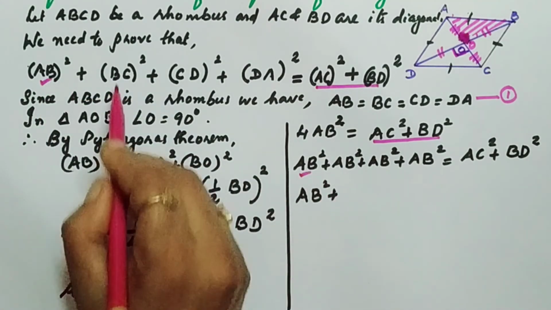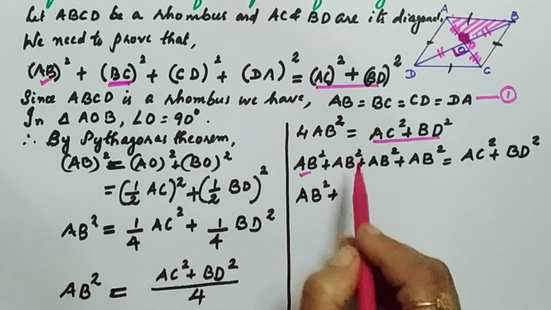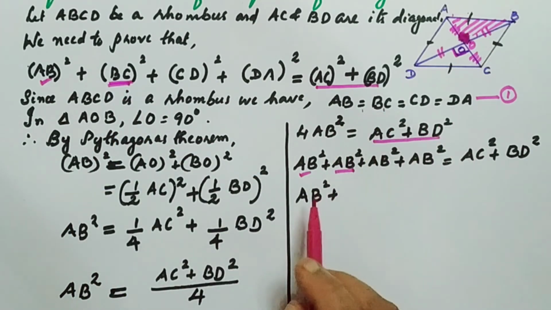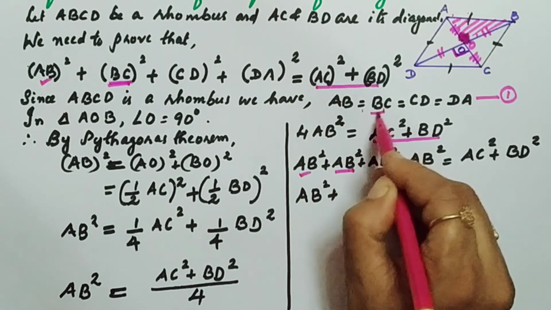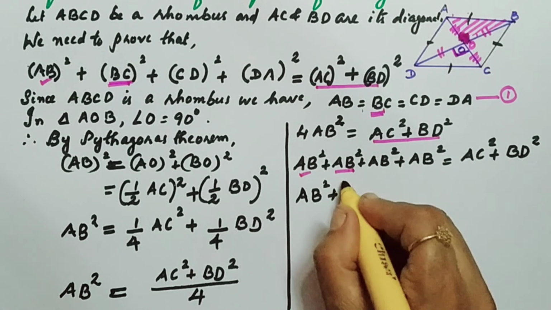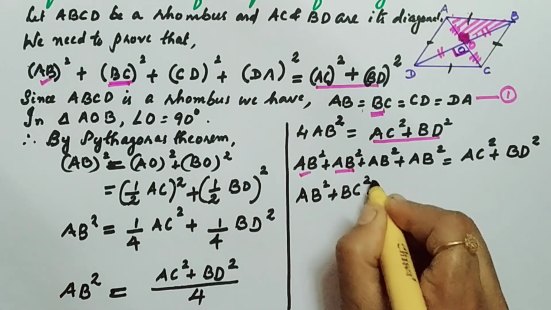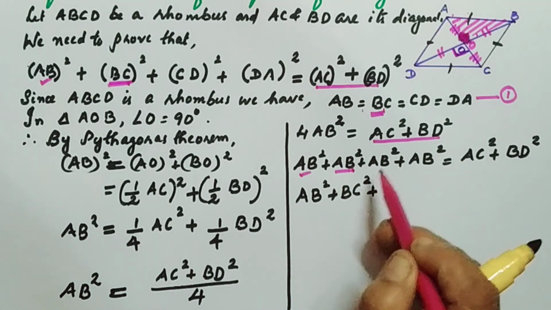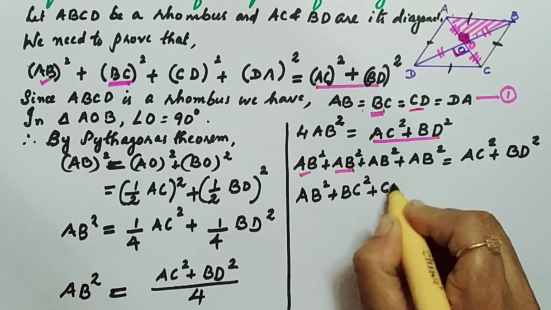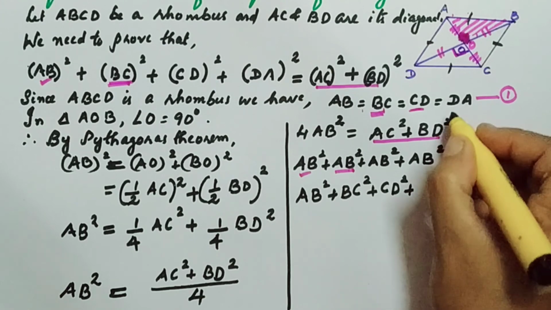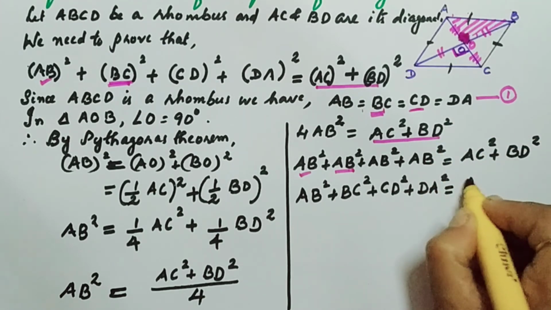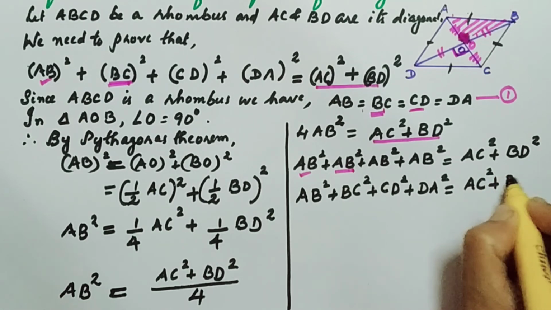Then second is BC square. This AB I can replace with BC because all the sides are equal. So the second AB I am going to replace with BC, so BC square plus the third AB I am going to replace with CD, so CD square plus the fourth AB I am going to replace with DA, DA square equals AC square plus BD square.